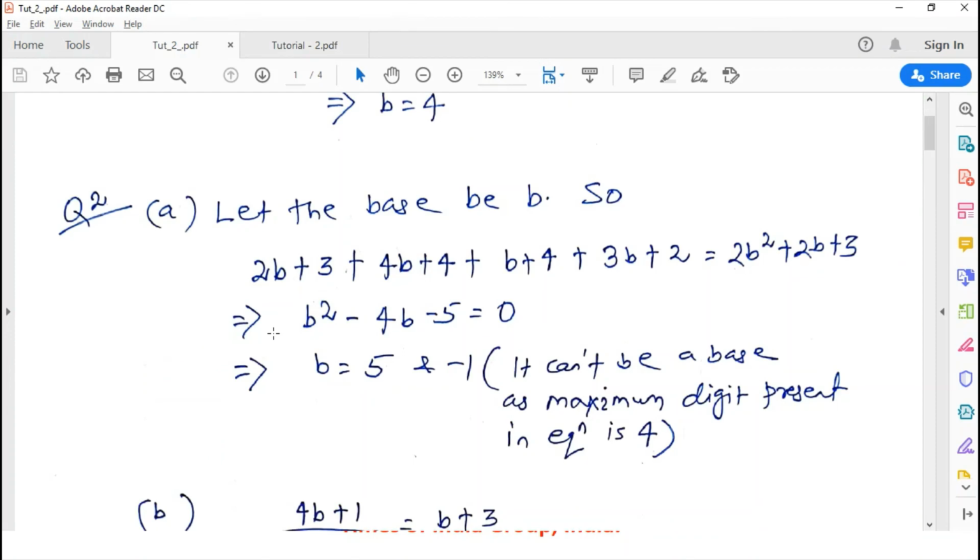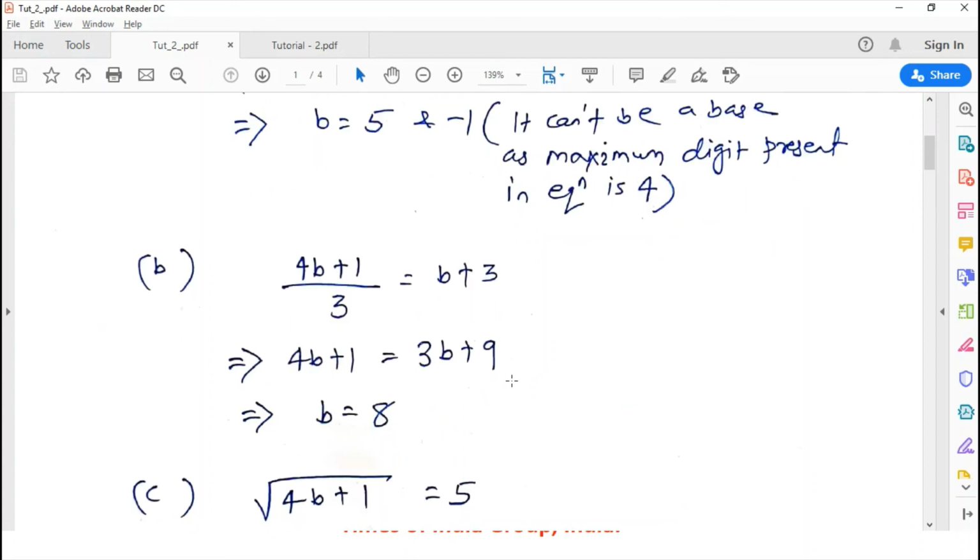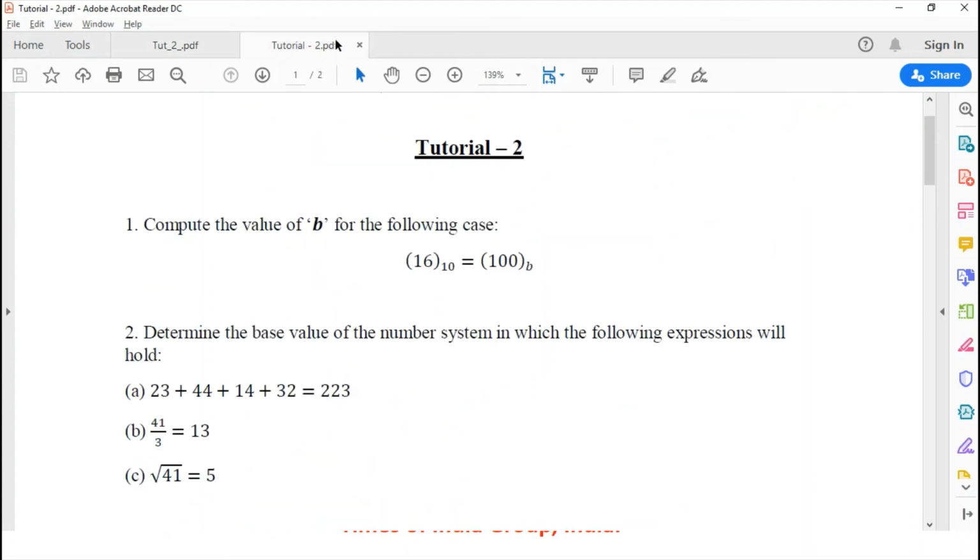Okay, so here you have 4b plus 1 divided by 3 is equal to b plus 3. Now you will simply solve this equation, that is 4b plus 1 is equal to 3b plus 9, and ultimately b is equal to 8. So that means this equation, 41 divided by 3 is equal to 13, will hold true in the base 8 number system.